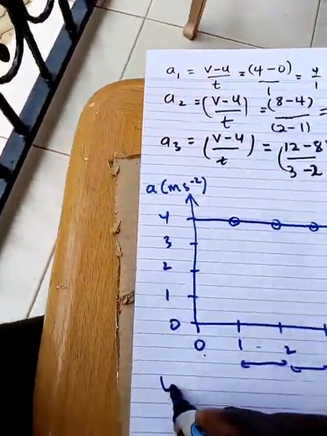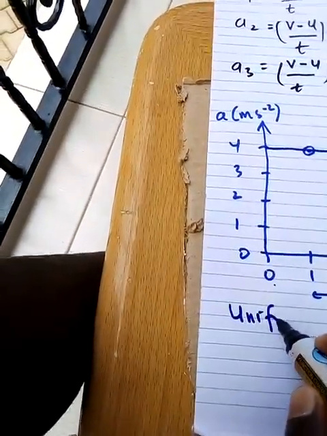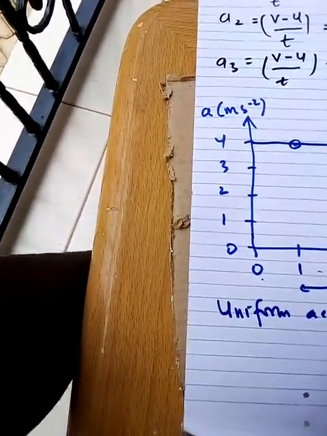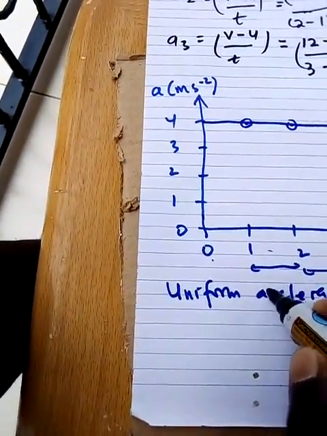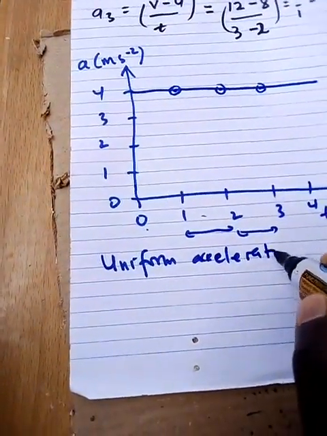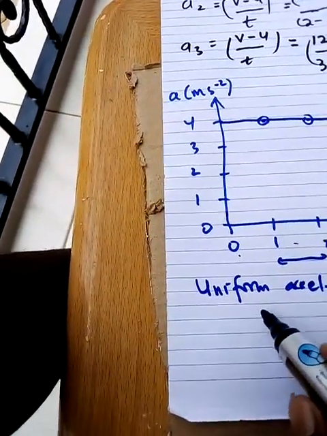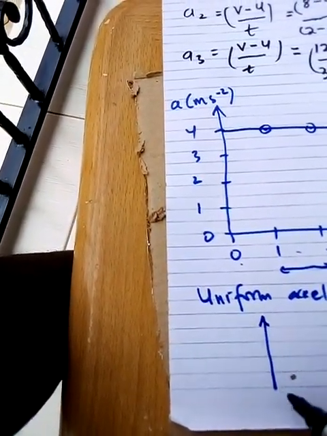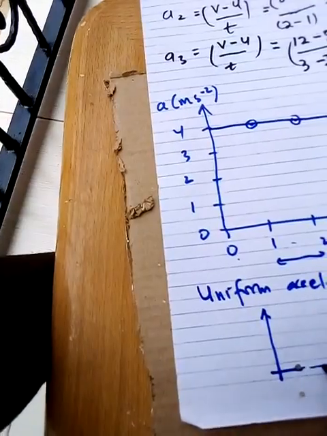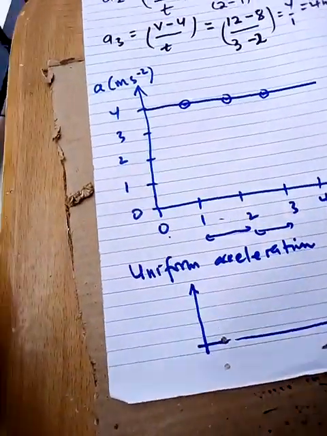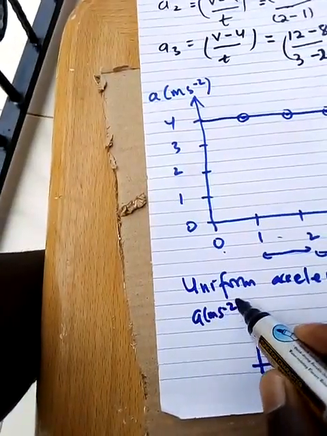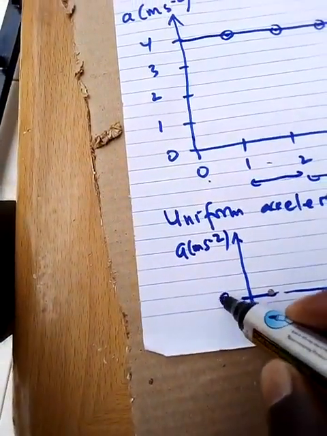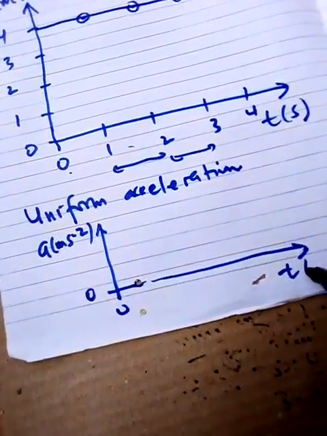So uniform acceleration in simple terms: when they ask you to draw the acceleration-time graph for uniform acceleration, this would be acceleration in meters per second squared with the starting point 0, 0, and this is time in seconds.